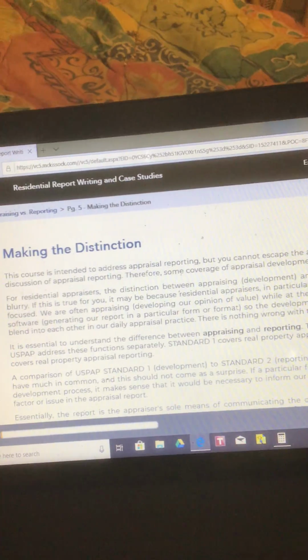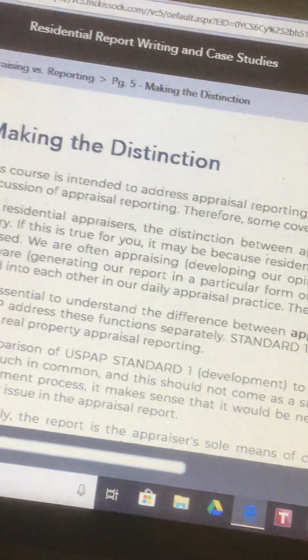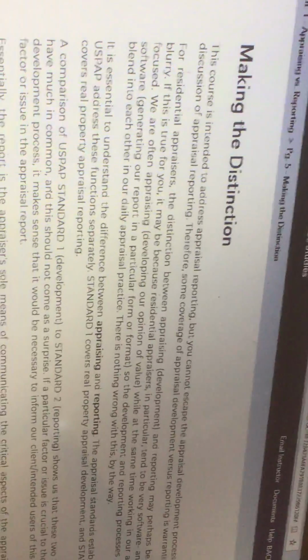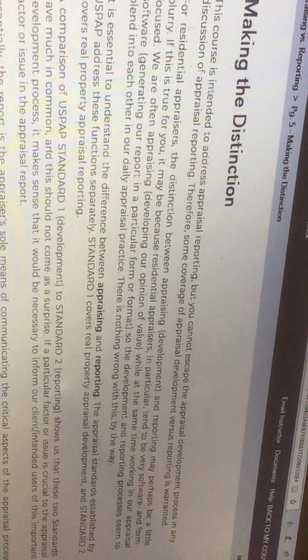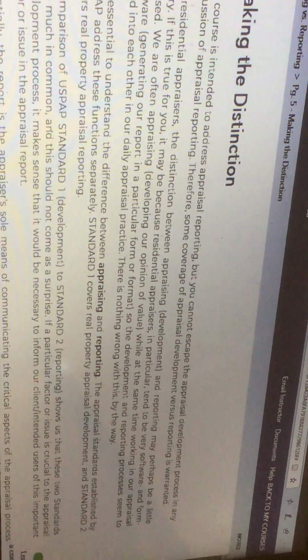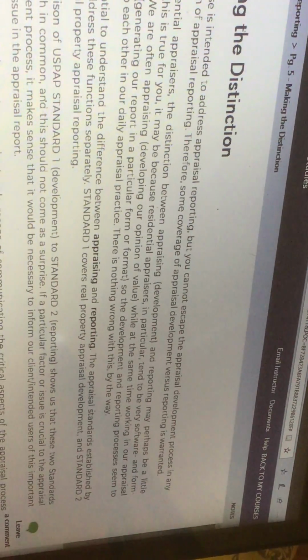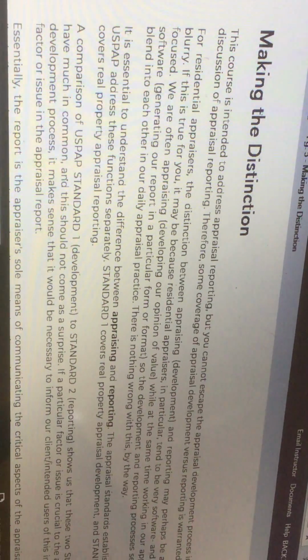Page 5, making the distinction. This course is intended to address appraisal reporting, but you cannot escape the appraisal development process in any discussion of appraisal reporting.